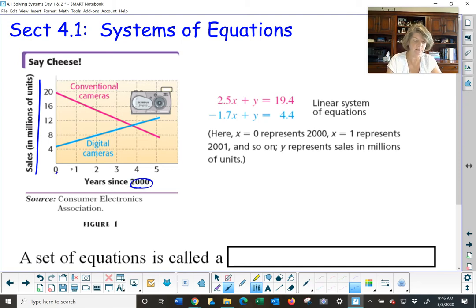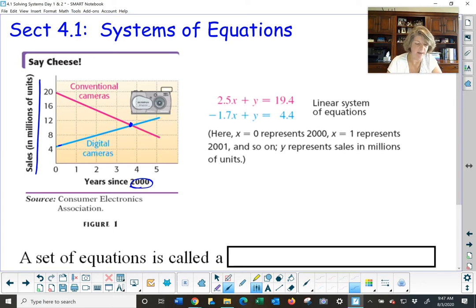So we'd have 2000, 2001, 2002, 2003, and so on. And you can see very clearly that digital cameras increased in sales as the years passed by, eventually overtaking conventional cameras. There is a point, and I'm spotting it on the screen, where they actually had equal sales.